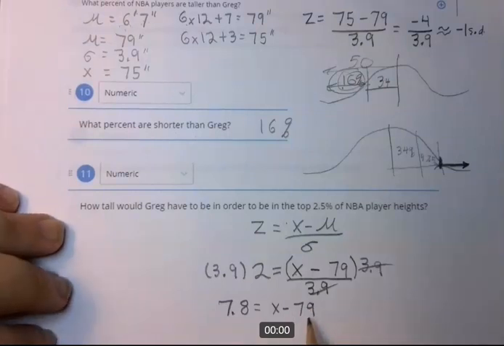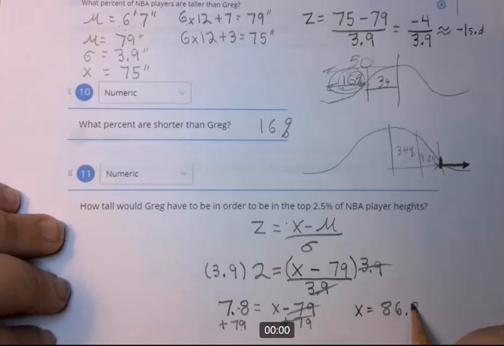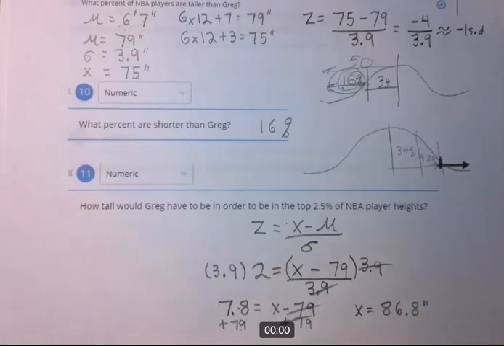Okay, so we're going to add 79 to both sides. These cancel, and 7.8 plus 79 is going to be 86.8. So X is going to equal, just added these two, do it on a calculator, 86.8 inches if he's going to be taller than all but 2.5%.